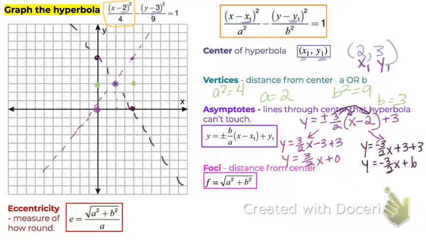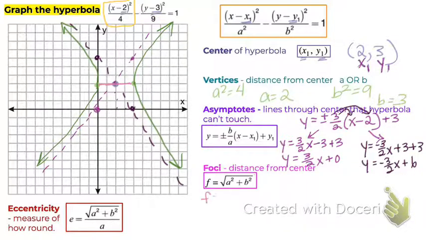So now I can sketch my hyperbola. From my vertices, I'm just going to make a curve but get closer to my asymptote, but I can't cross it. Now the last step is to plot our foci. Remember, those are on the same axis here through the center. Let's see how far away from the center we put the foci.